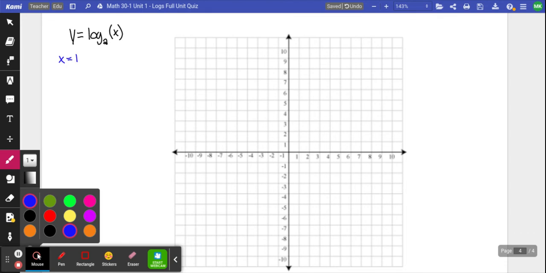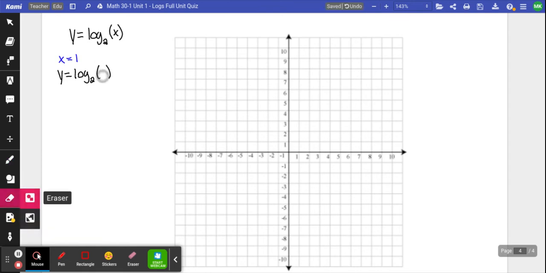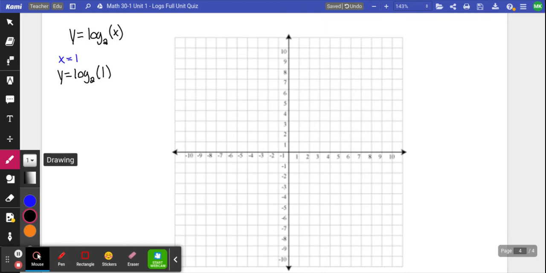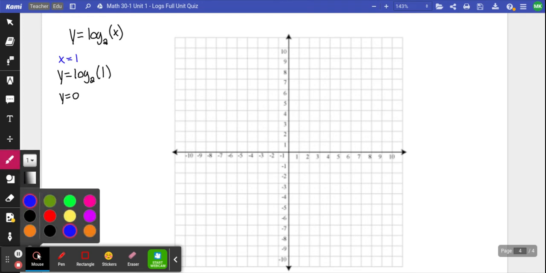So, what happens when x equals 1? You get log 2 of 1, my bad. You put that in your calculator and you would get y equals 0. So there's my first point, 1, 0.